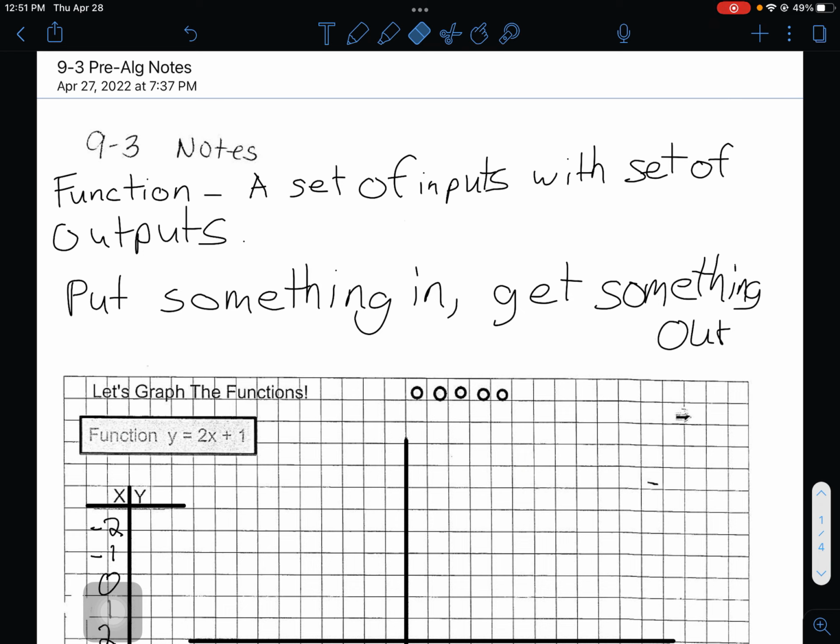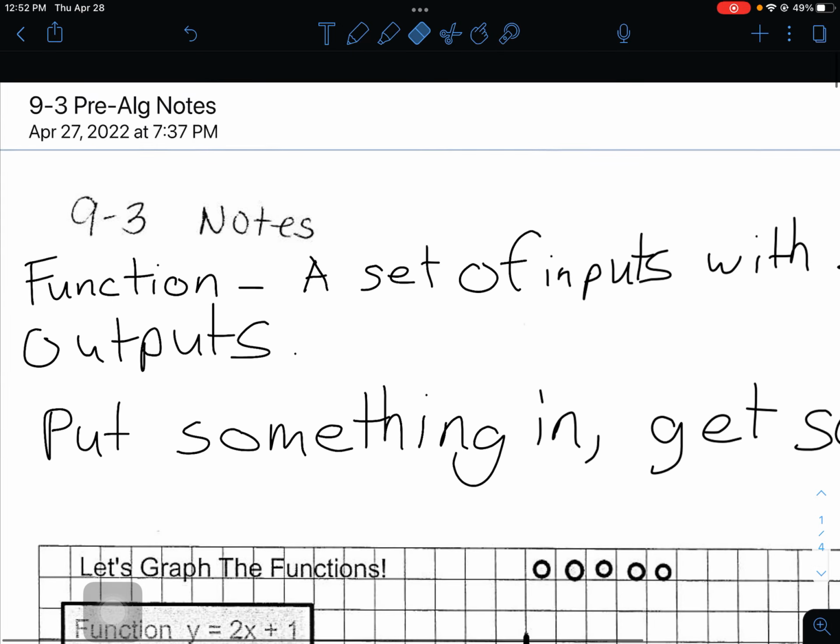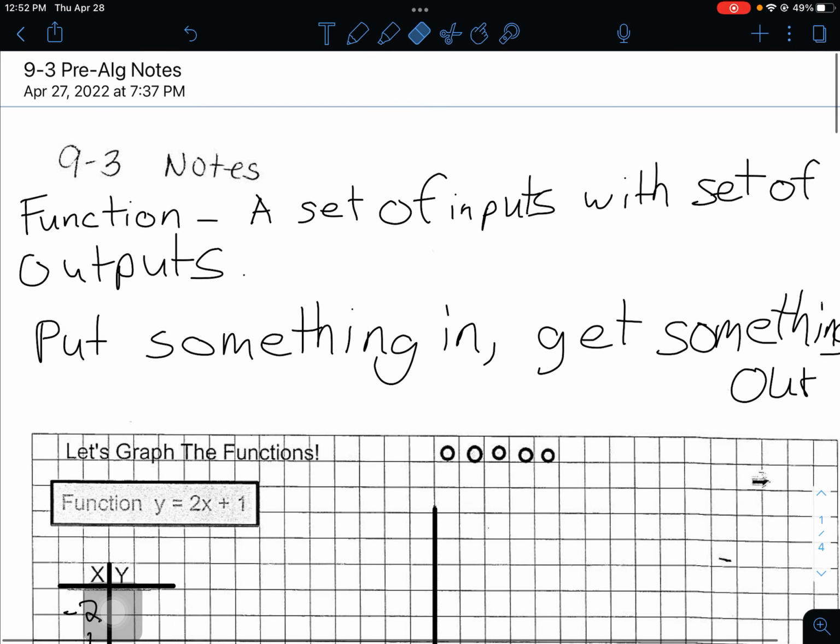All right, a quick review. This will be worksheet 9.3, lesson 9.3. We're going to start talking about functions more, and the first way we want to start talking about functions is what they look like on a graph. Just a quick review of a function: remember, a function is a set of inputs with a set of outputs.